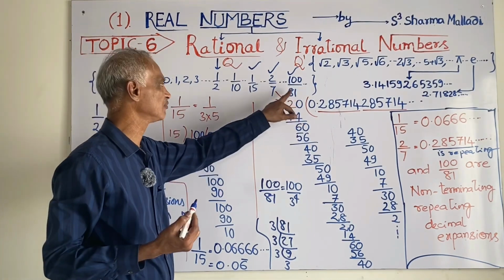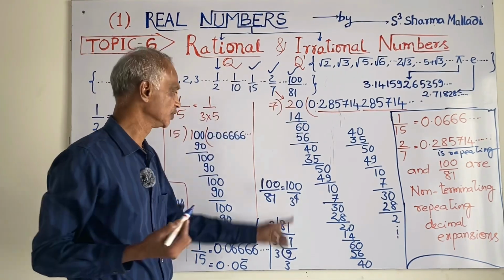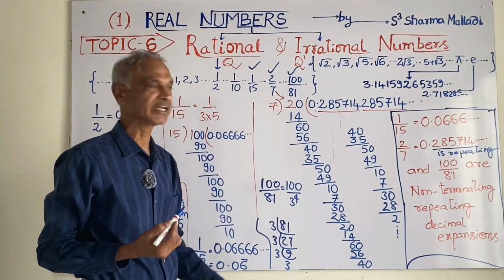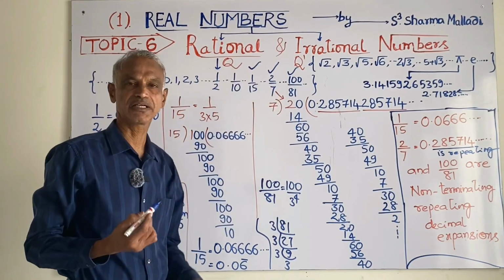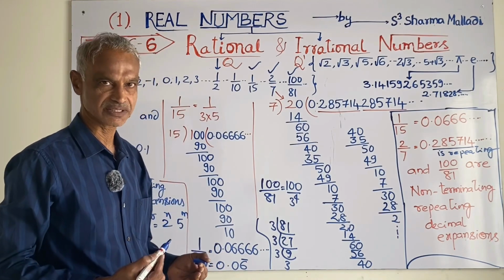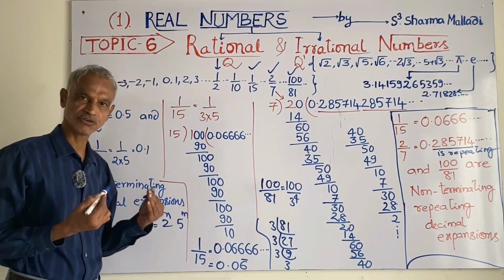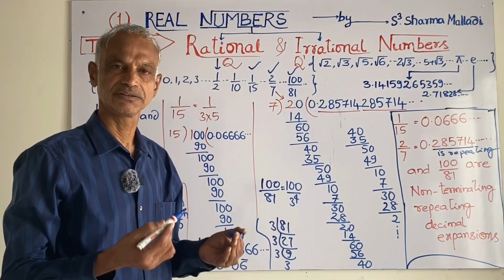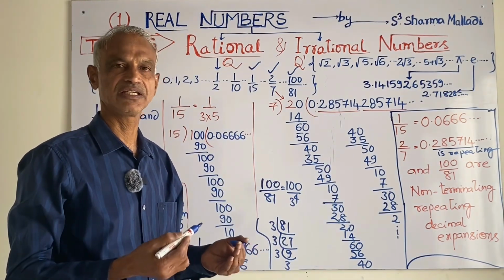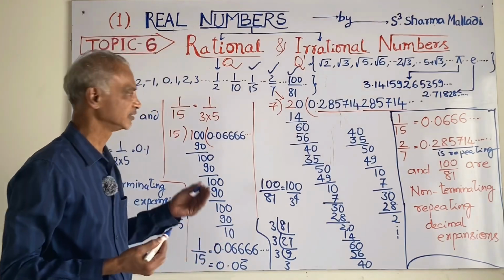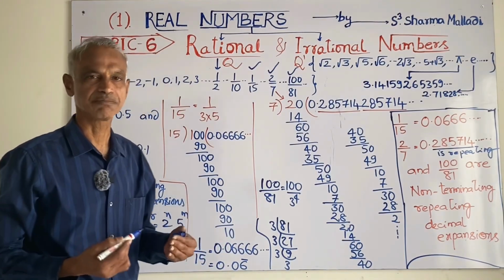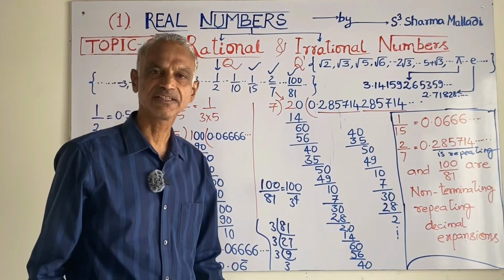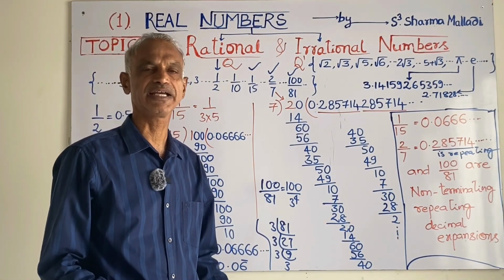In the denominator of 100 by 81, you have 3 to the power of 4. You have 3. That's why it is non-terminating repeating decimal expansion. That is the technique. If you have 3, 7, 9, 11, 13, if these numbers are present, then they are not terminating decimal expansion, but they are non-terminating. I think you have understood what is terminating and non-terminating.